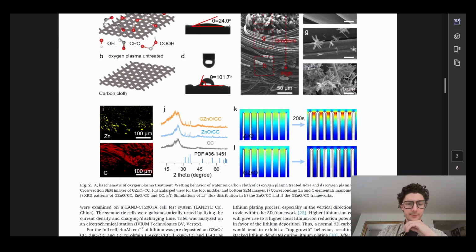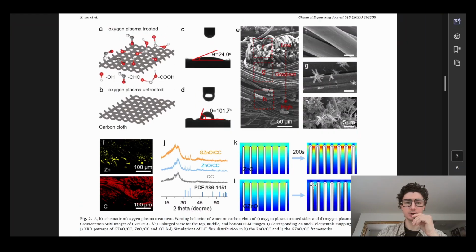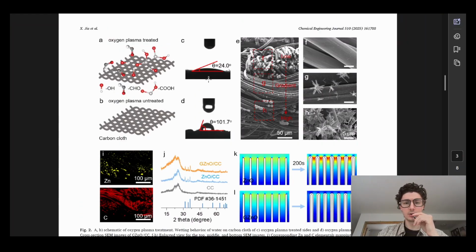Wetting behavior of water on carbon cloth of C, oxygen plasma treated sides, and D, oxygen plasma untreated. So wetting behavior. So this is a droplet of water placed onto the carbon cloth here. This is oxygen plasma treated, oxygen plasma untreated.